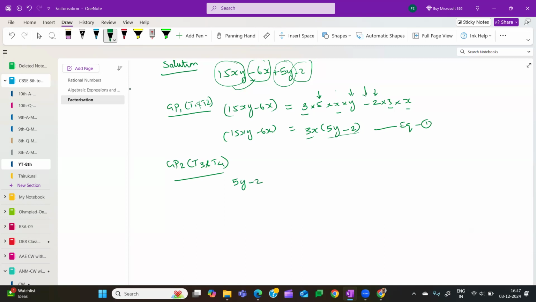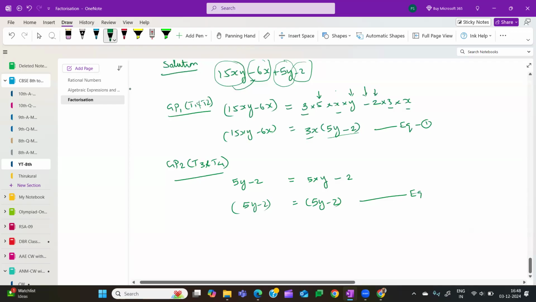So 5 can be written as 5 into y. Minus 2 is left out. So here we have no other common factor, so we'll write it as 5y minus 2. So 5y minus 2, we are just writing it as it is, equation number 2.